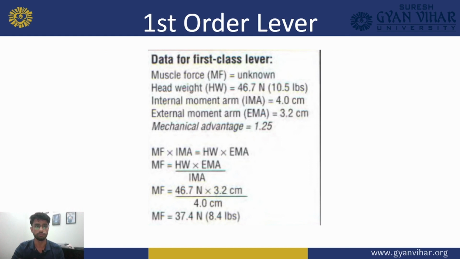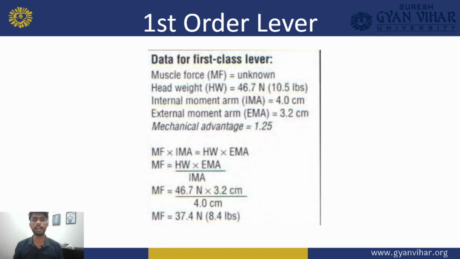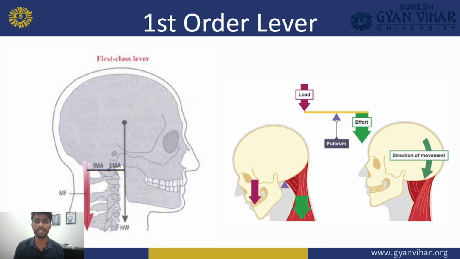Now let's move on further. So this is the data. Right now, as you can see, the head is in an upright position. So the torque from the load that is applied is actually managed by the effort. So there is an equilibrium state right now. So we can assume that torque 1 is equal to torque 2. The torque that is produced by the load and the torque that is produced by the muscle are equal right now.